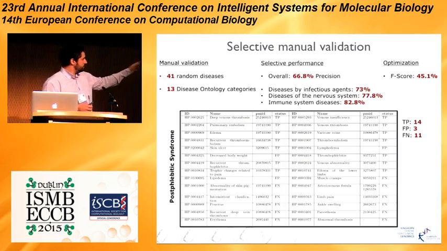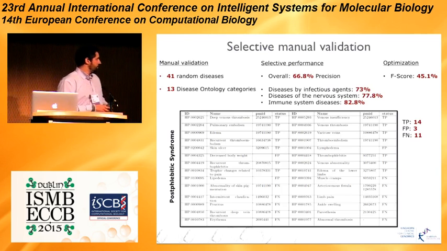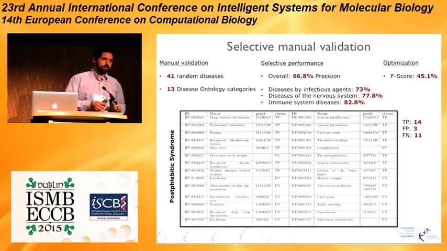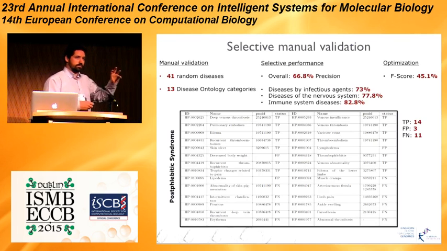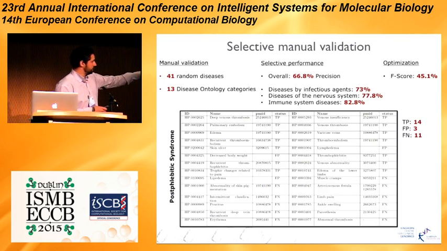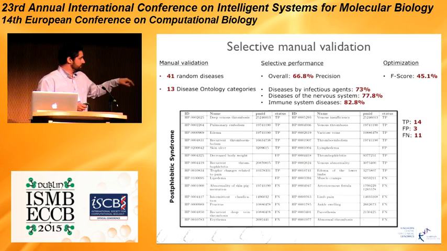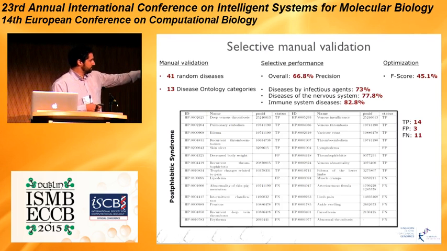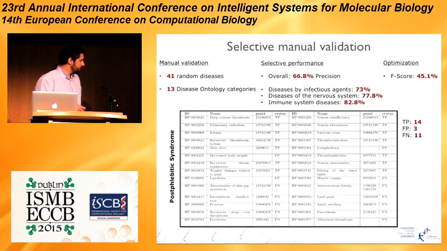You can see there the selective performance, which means we've used just this small set, where we ended up with 66% precision, and in some cases we hit better numbers in different DO categories, such as diseases by infectious agent and immune system diseases, with 82% precision.